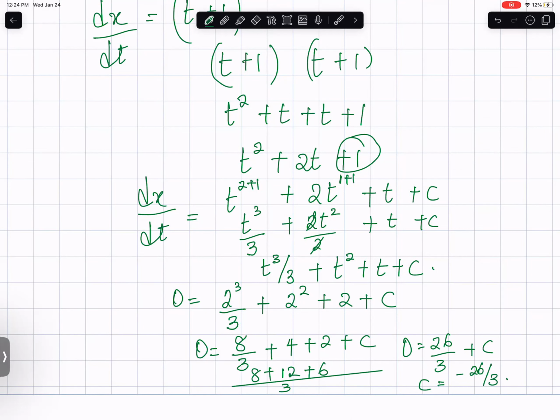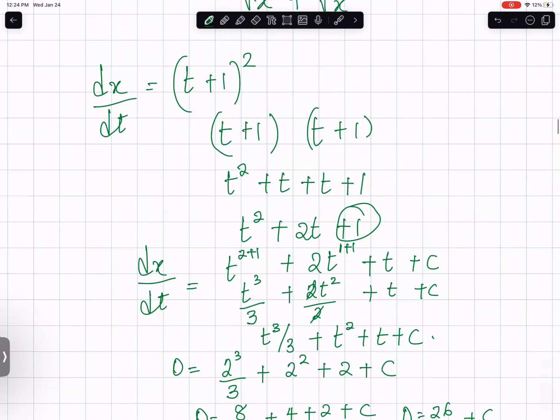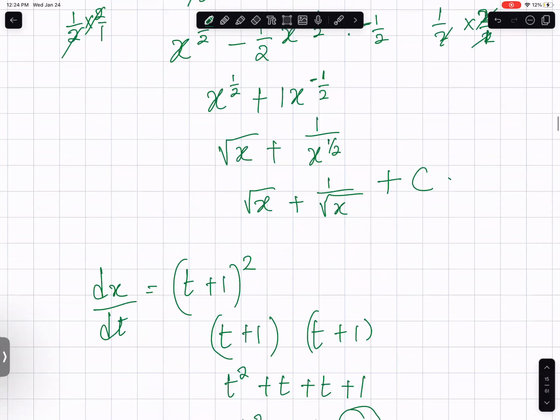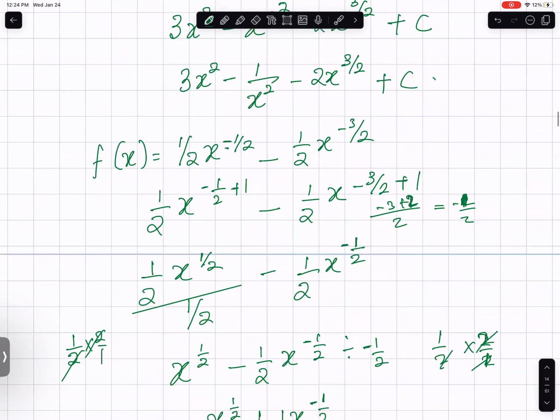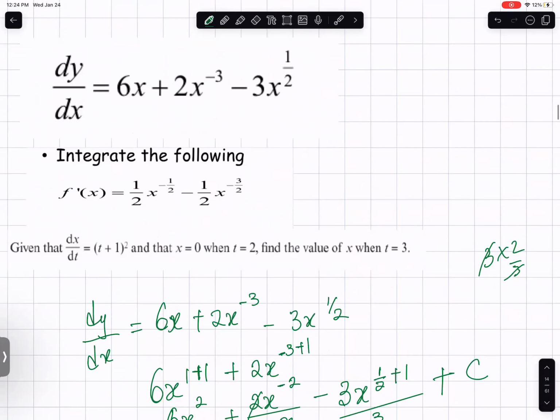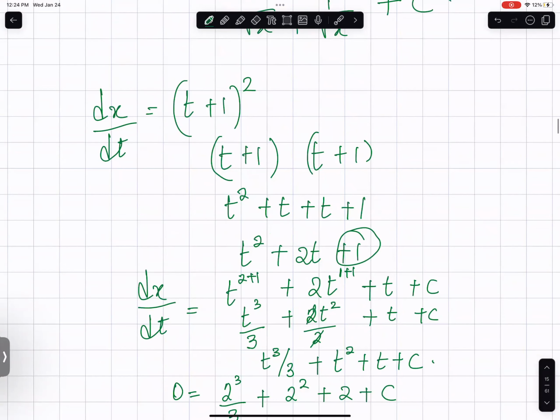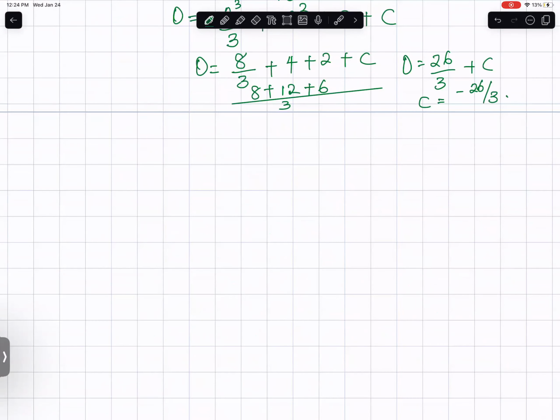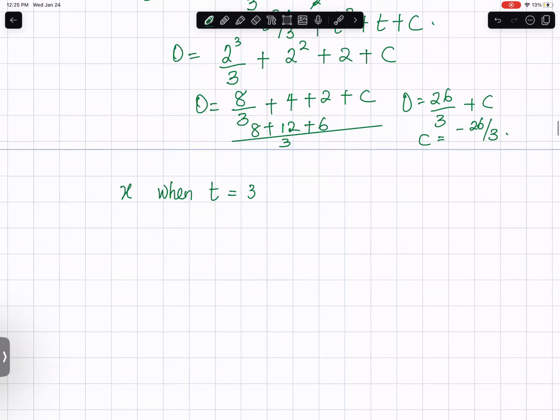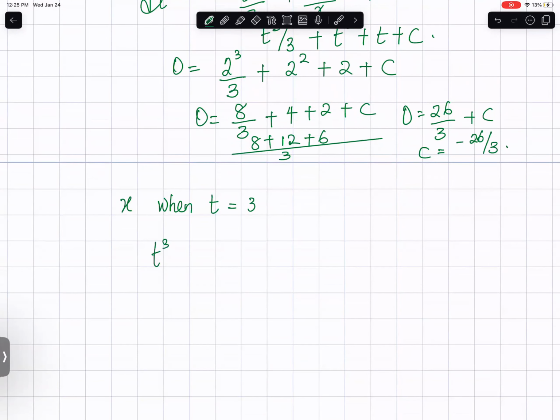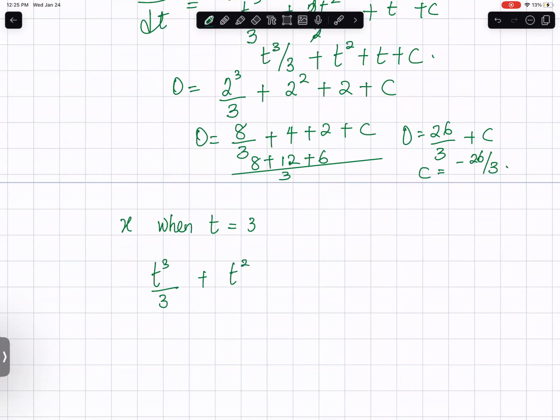So we'll move further to the second question that says we should look for the value of x when t equals 3. So finding the value of x when t equals 3, I'll bring back my equation that says t cubed divided by 3 plus t squared plus t plus c.